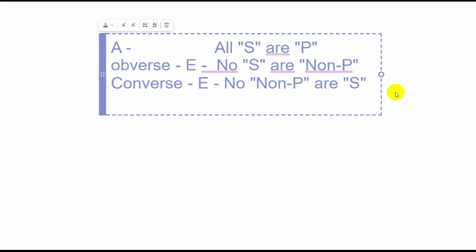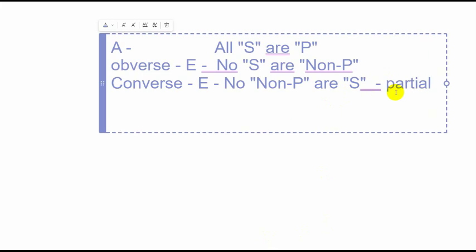Now this is partial. Now if you want a full, you have to once again do its obverse. The obverse of E is A, and A stands for all. And for obverse, does the subject and predicate reverse in this? No, it doesn't. It stays where it is.